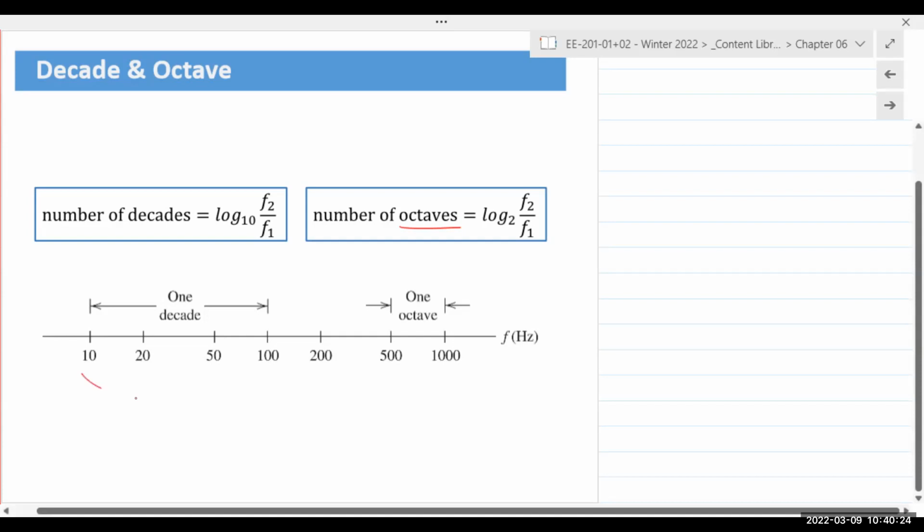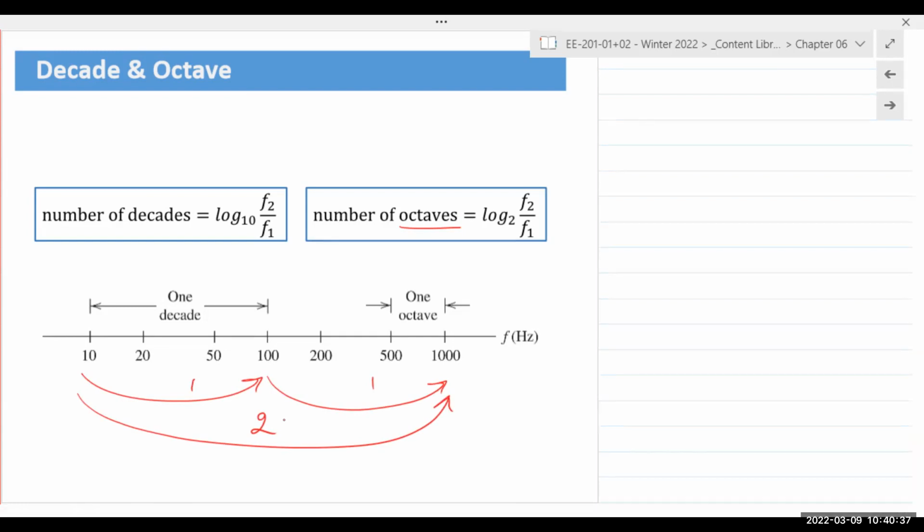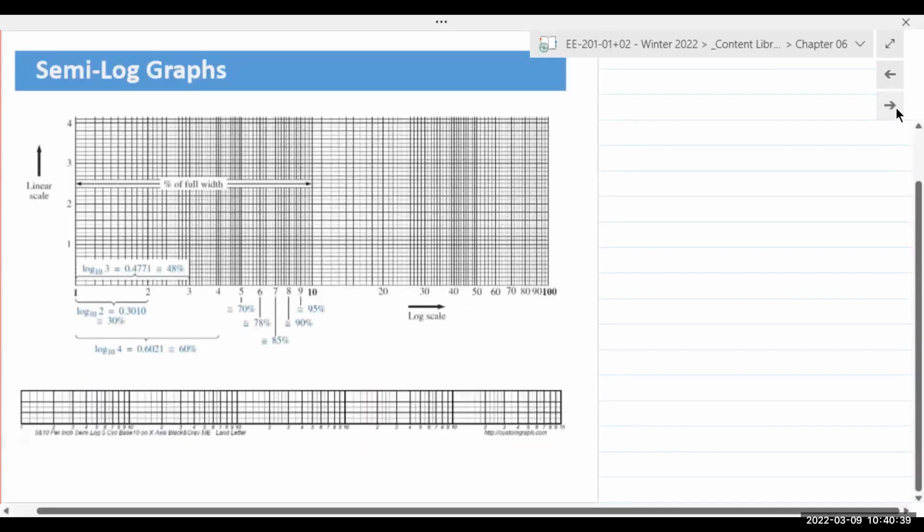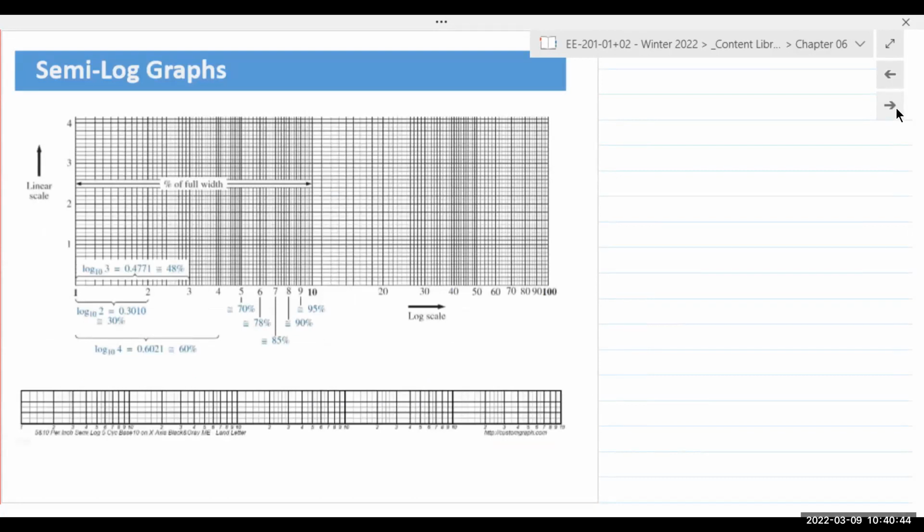So this is 1, this is 1, this is 2. And thus you can take your scale and you can compress it. So the x-axis is now compressed, and you get what is known as a log graph, a log chart.